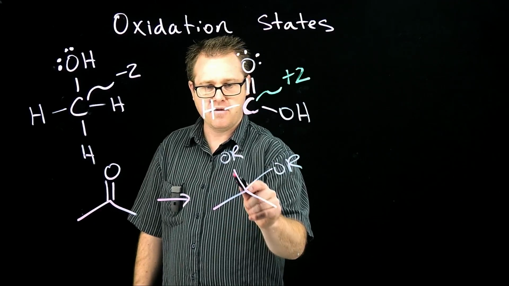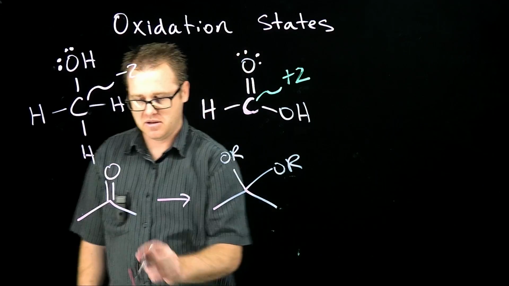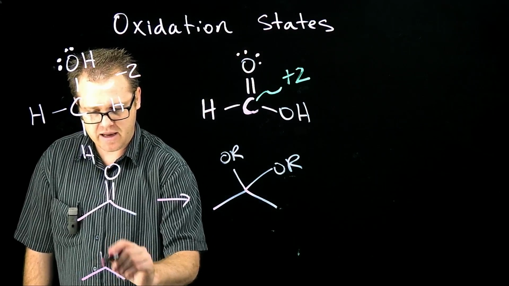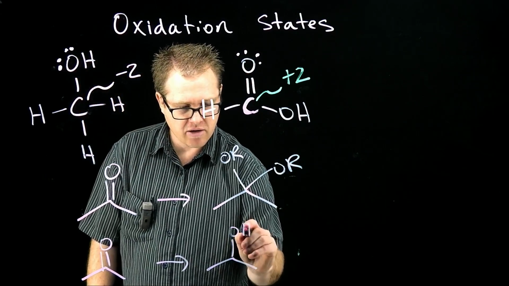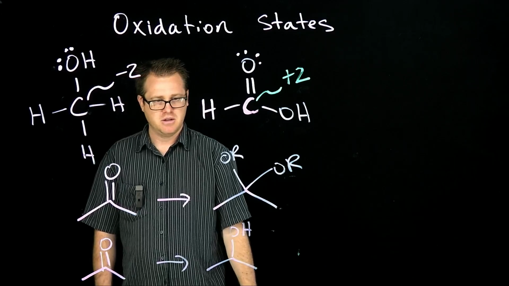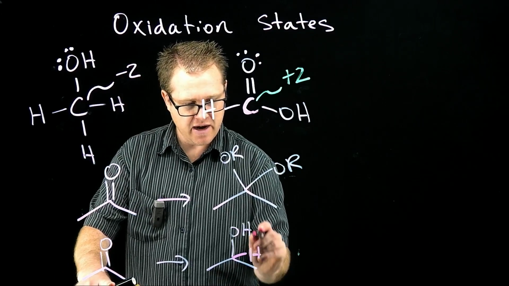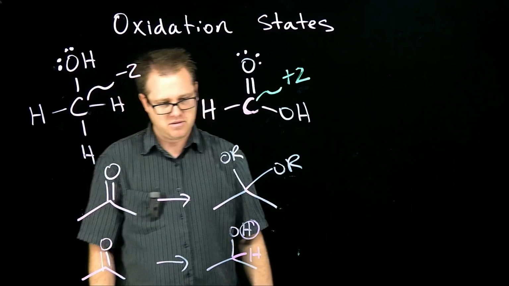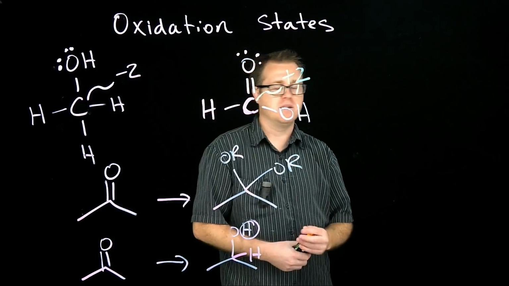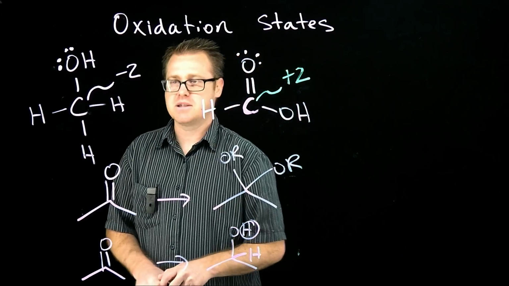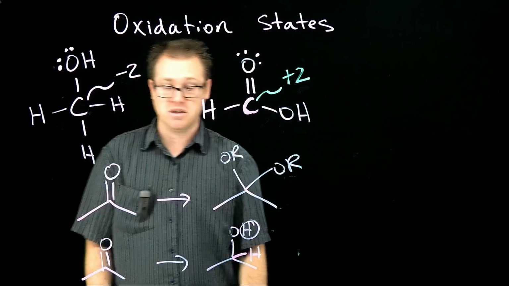Well, you can see that you have more oxygen atoms, so that's an oxidation. So what if you had a ketone like this and you turned it into an alcohol? What has happened? You've done a reduction. Why? Because you've added a hydrogen there, you've added a hydrogen there. That's a reduction. So that's a quick and easy way to know. But also understand that you should be able to calculate the oxidation numbers as well.